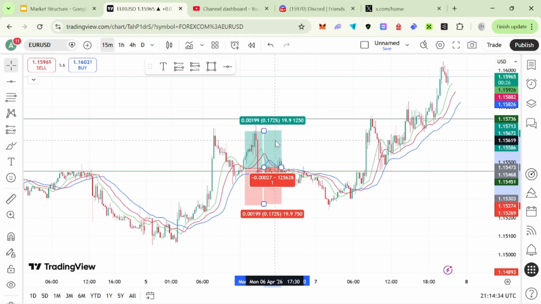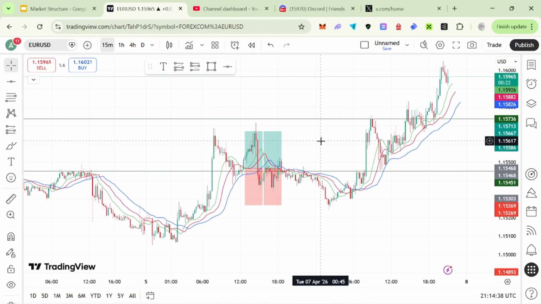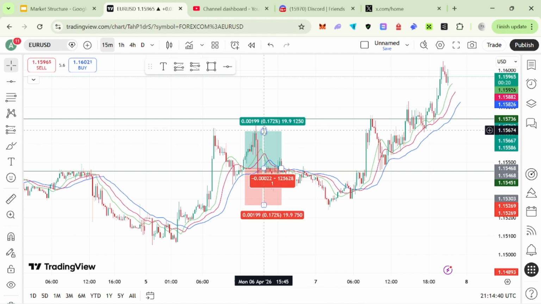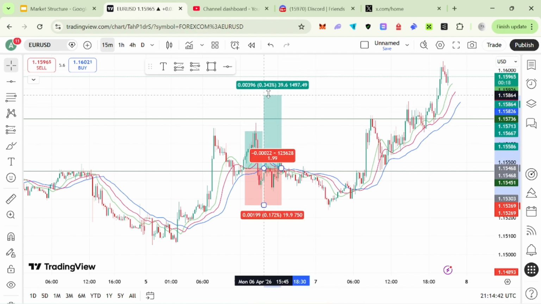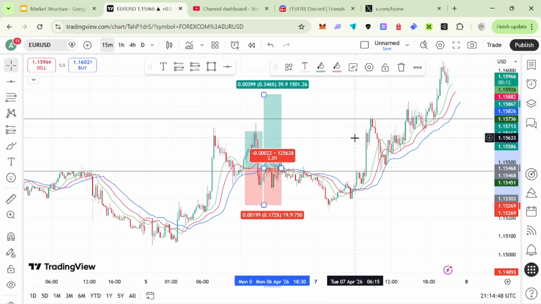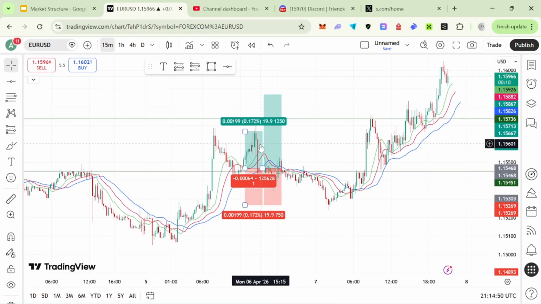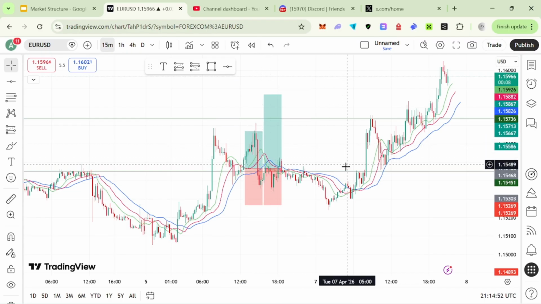But before price got to your target, it actually reversed. So this second mark out you are seeing is the 2-to-1 risk to reward. This is the 2-to-1 and this is a 1-to-1.